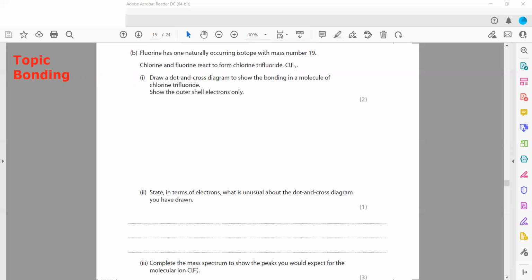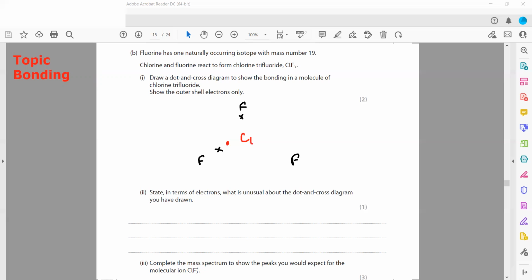So when we complete the structure, one chlorine is there, surrounded by 3 fluorine atoms. Fluorine shares 1 from that side. Chlorine, even though it belongs to group 7, should share 1 electron only to be stable.